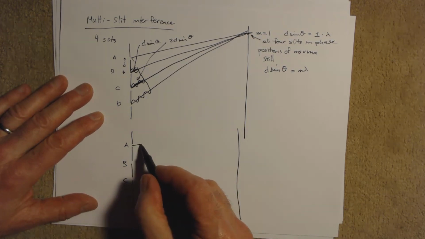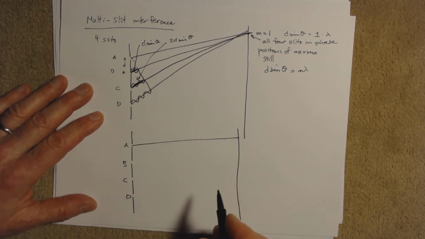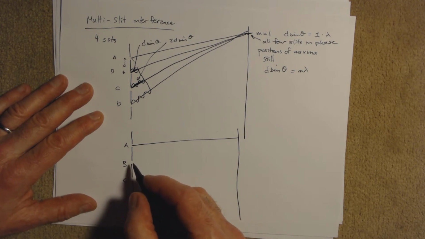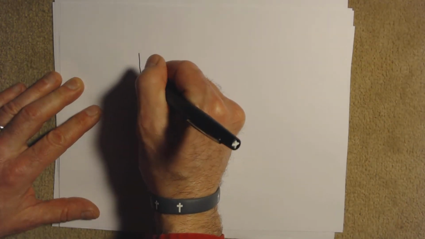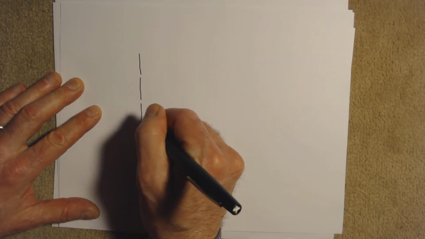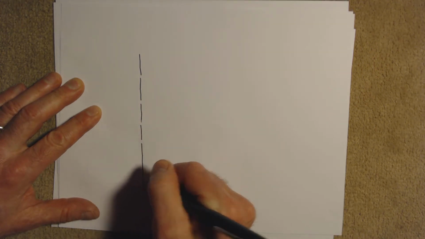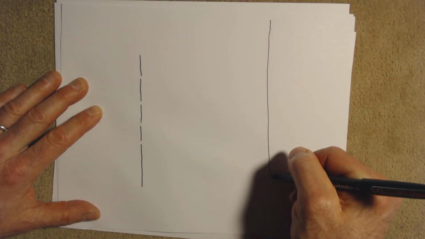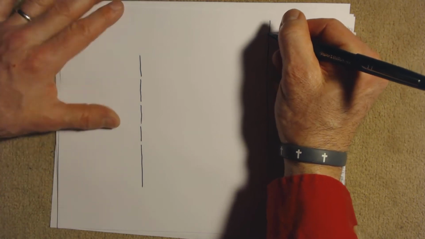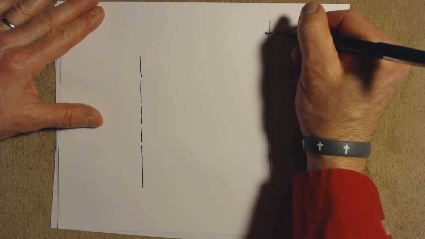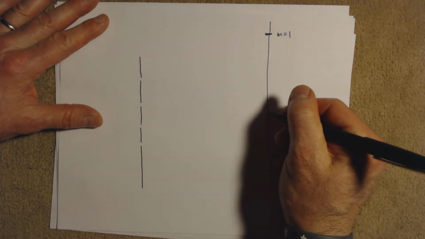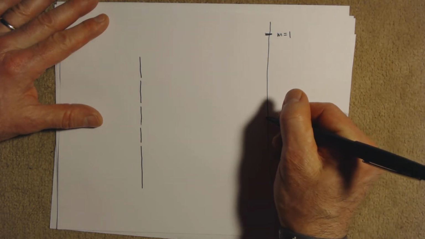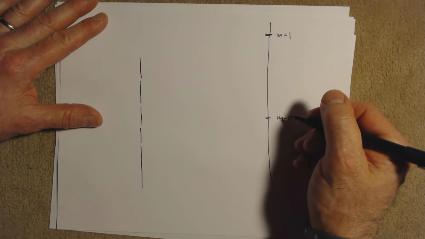Now I want to consider a point that is, actually, let me start a whole new drawing so I can fit everything on better. There's our 4, and let's say that this is the point that we were just talking about, m equals 1, where I had full constructive interference. The straight ahead direction, that would be about here, m equals 0.